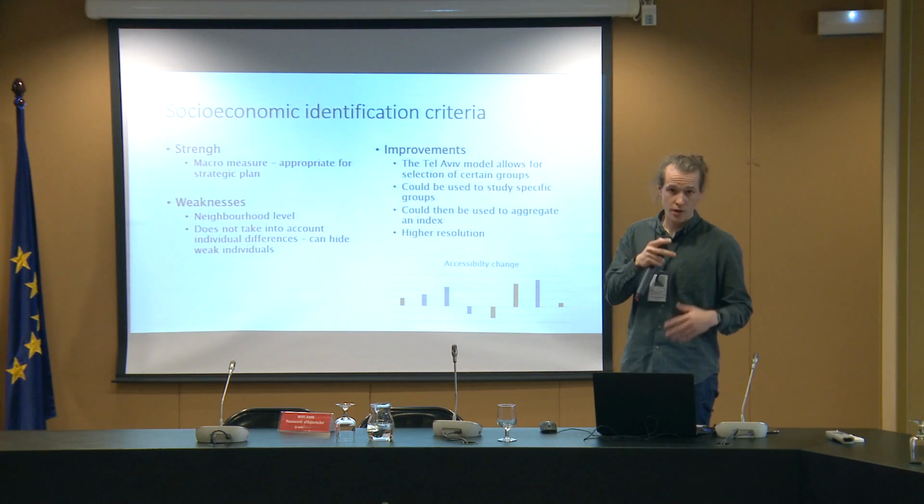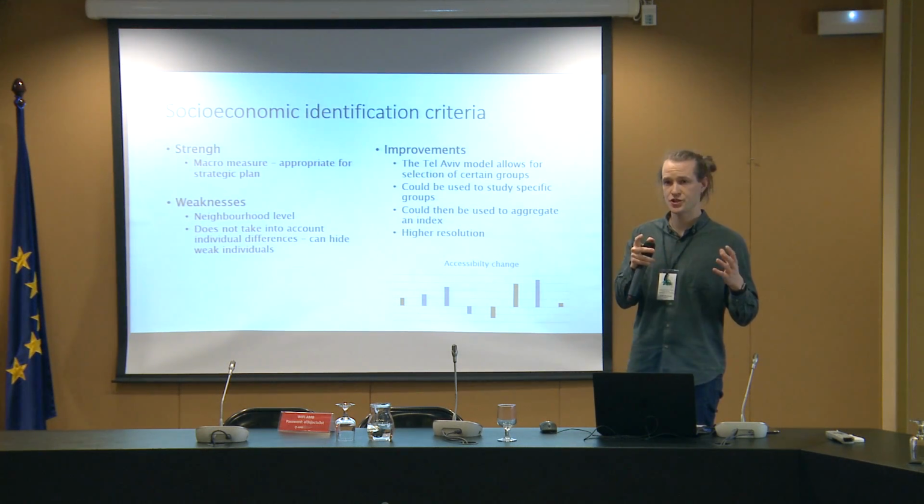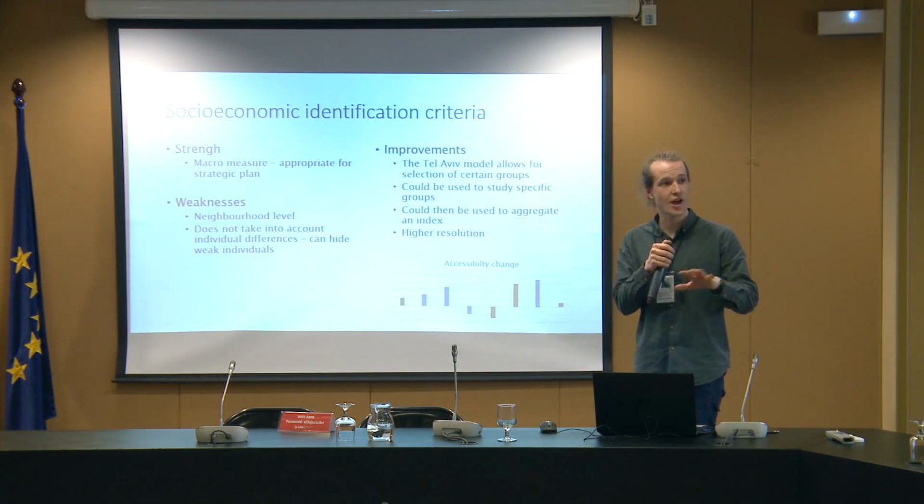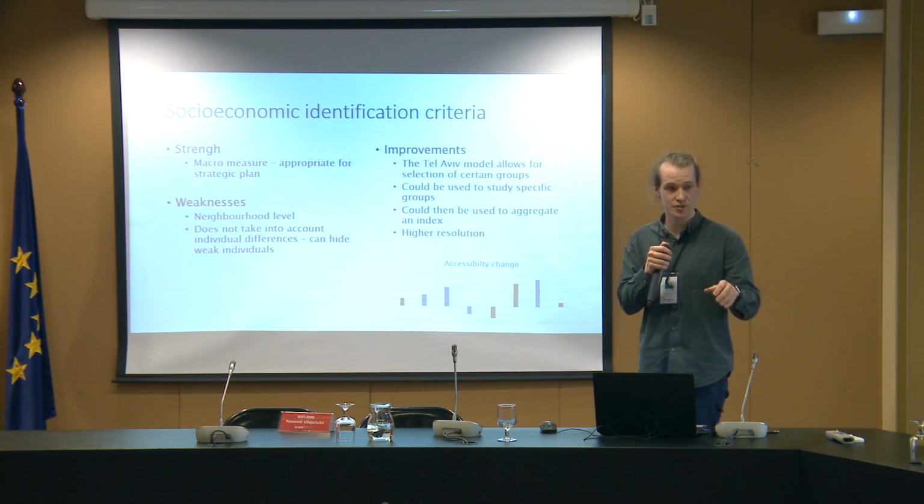The plan looks at socioeconomically poor neighborhoods and looks at how accessibility changes for those neighborhoods. But the transport model that the Israeli government uses allows you to look at specific individuals.